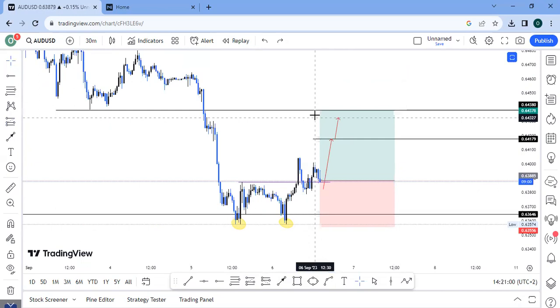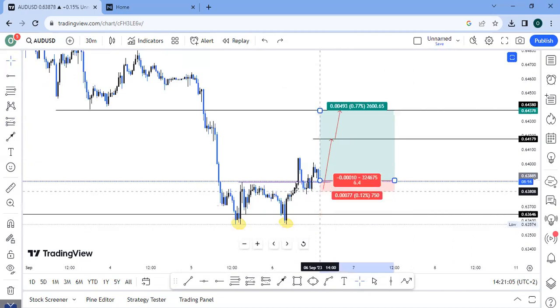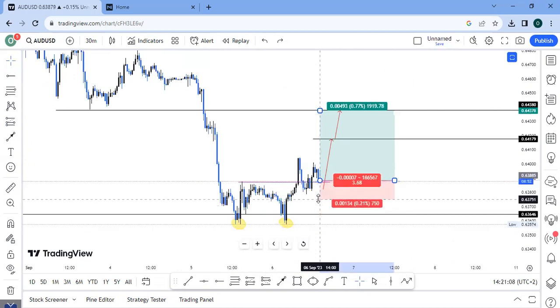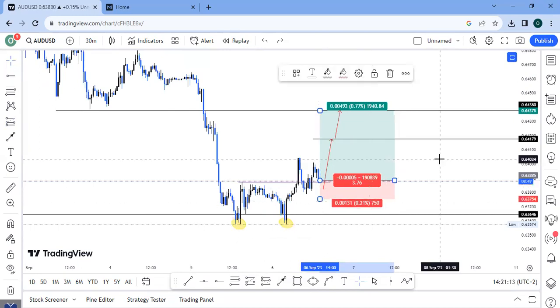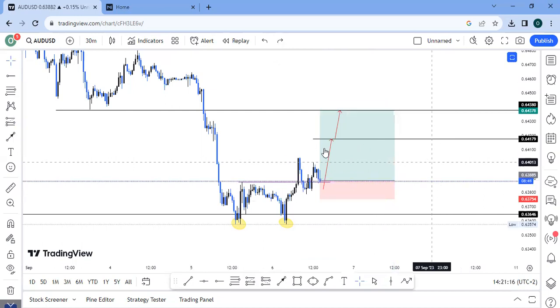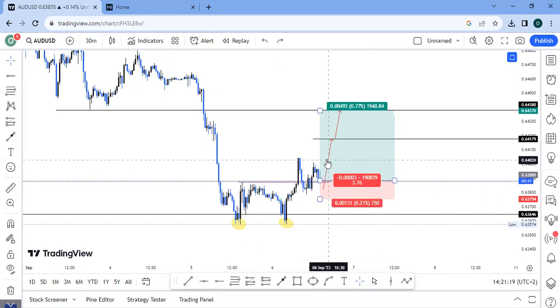So I can actually remove that and have my take profit right here. And my stop loss, I'll have just below this swing low here. So around there, which gives us a good risk reward ratio of like 3.76, which is a decent risk reward ratio.